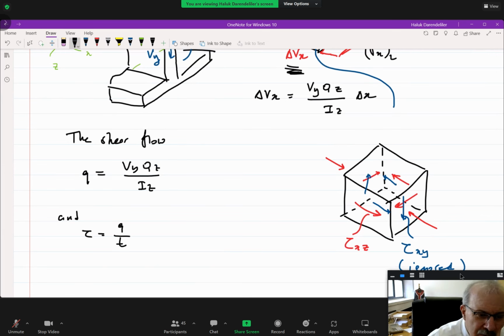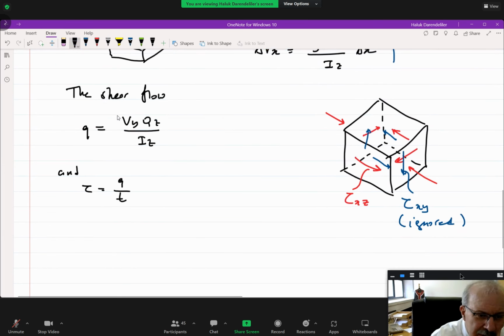And for the given section, we have a shearing stress tau with subscripts xz that's equal to Vy Qz over Iz times t. Okay. Any question?